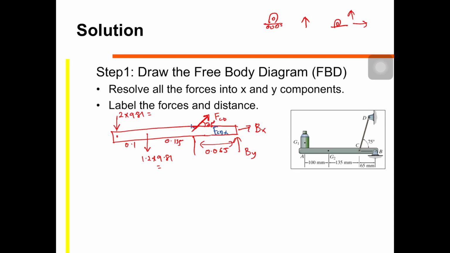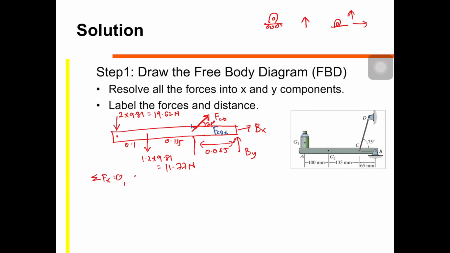So you have 2 times 9.81, 19.62 Newton, and this one is 1.2 times 9.81, 11.77 Newton.